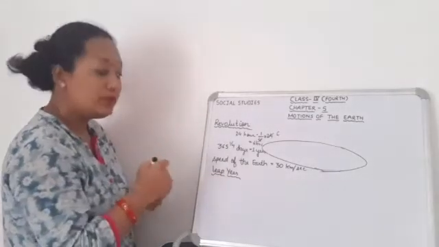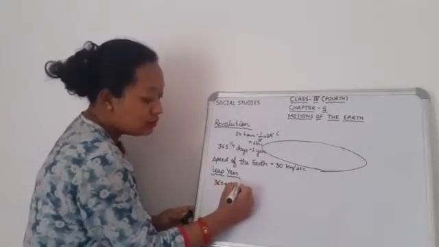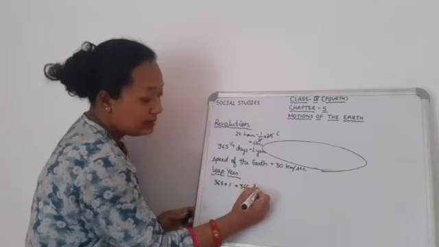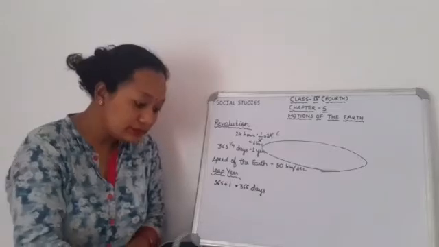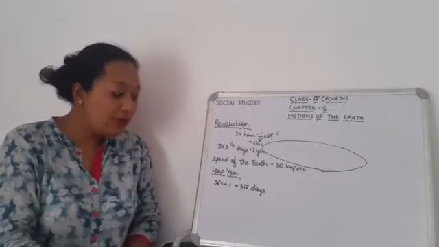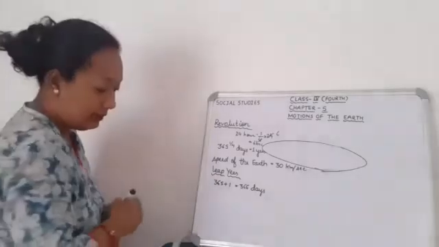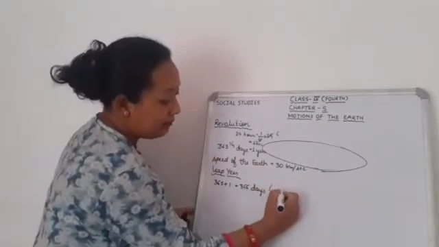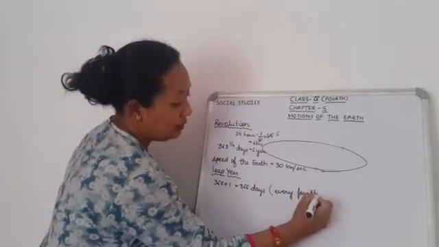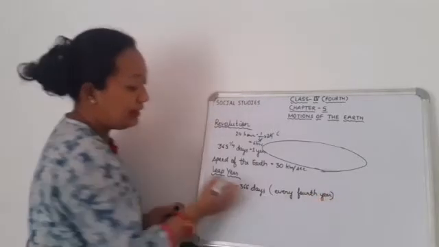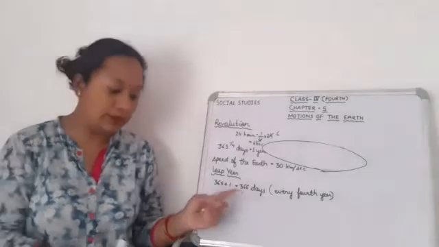365 plus 1 equals 366 days. That makes a leap year. So every 4th year, 1 day is added to the calendar, and there are 366 days in that leap year.